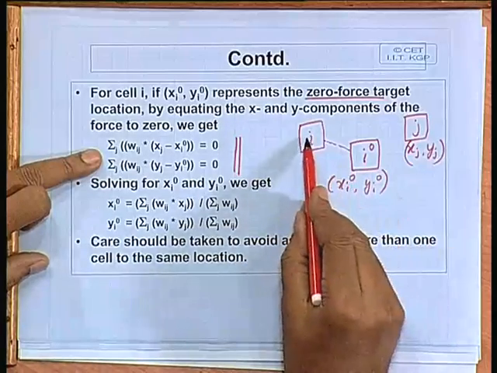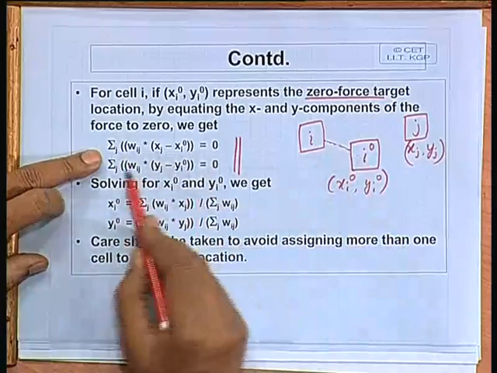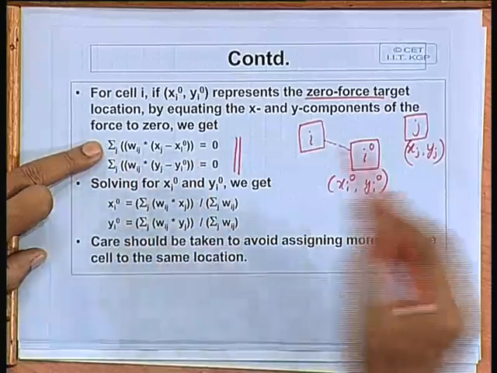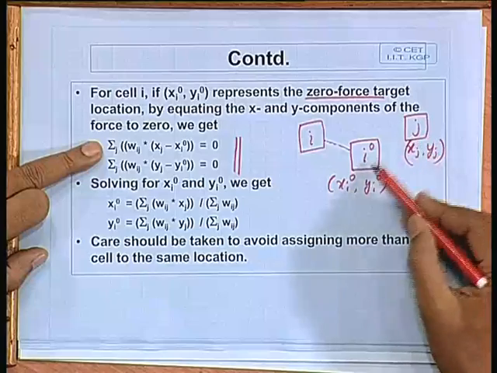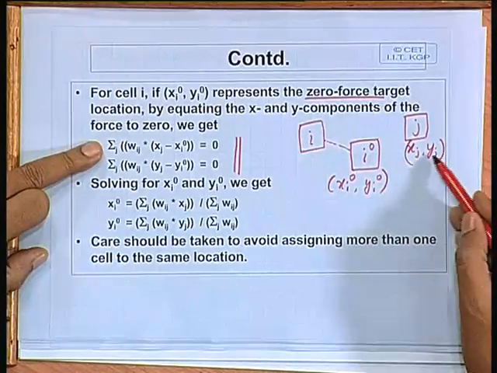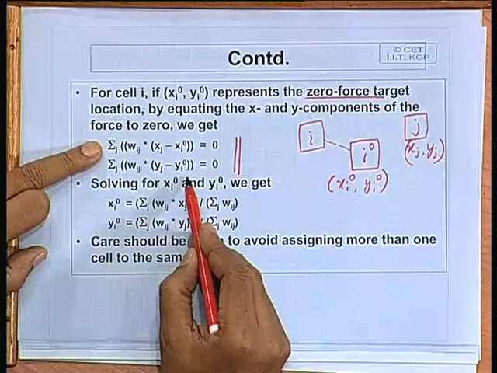Now, since this has moved to this new 0 force location, I am equating the x components and y components separately. With respect to the x components, the difference between the x component of this j and this i0 is xj minus xi0. Similarly, the y component is yj minus yi0. These two equations I am writing separately.